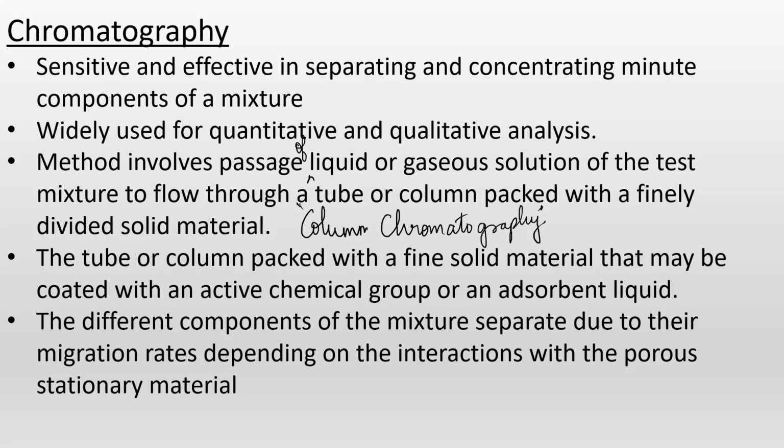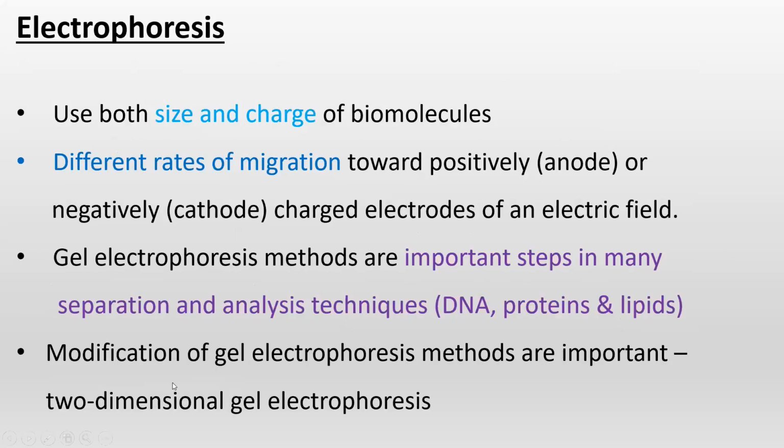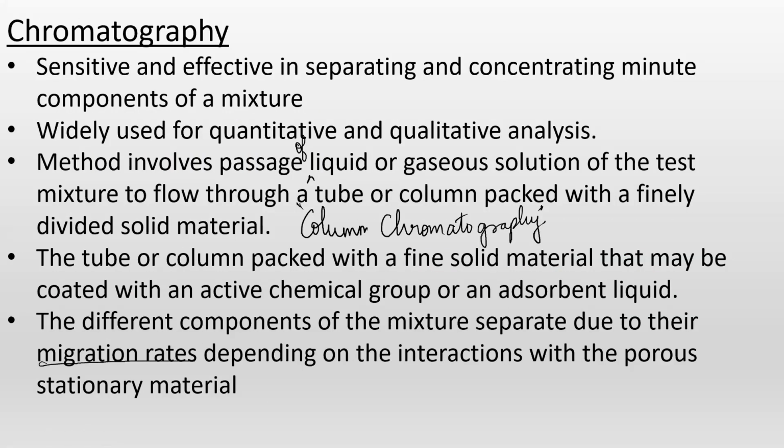Again, different components of the mixture will separate due to their migration rates. So here also migration rates are very important, because the biomolecules will interact with the porous stationary material, and that is how you can separate. Then that is how you can concentrate the biomolecules.